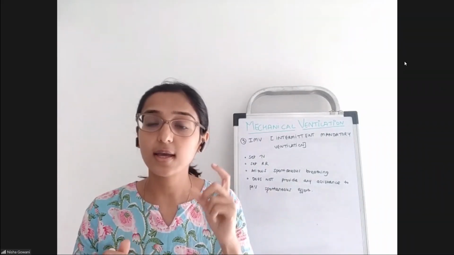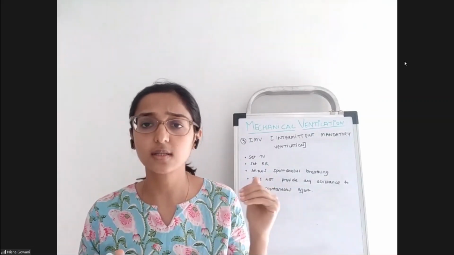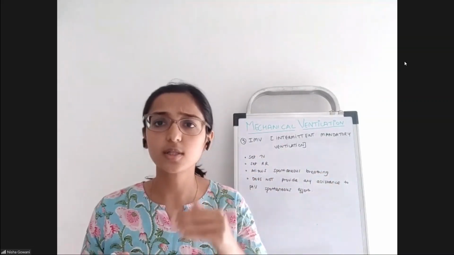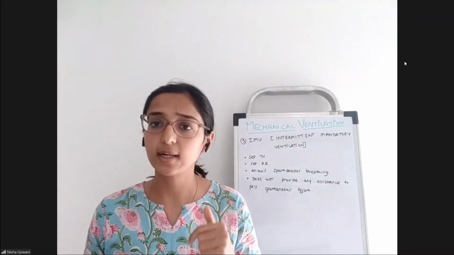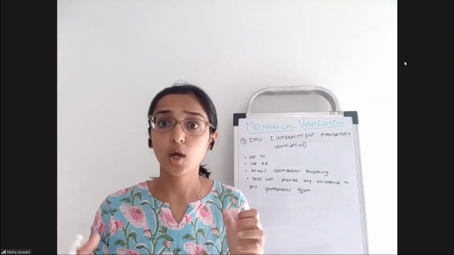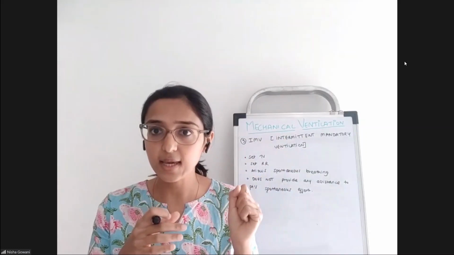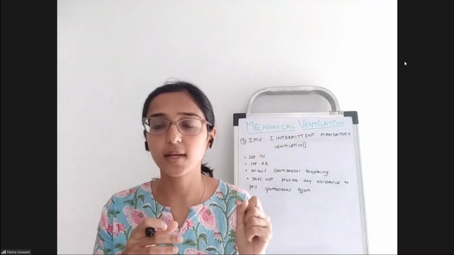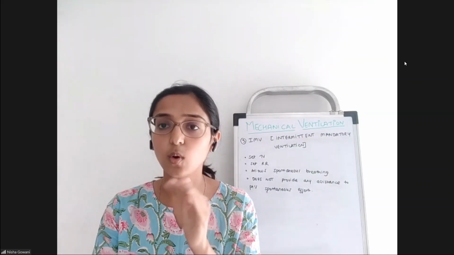Okay. In the assist control mode that we saw before, the patient is allowed to take breaths and the machine is supporting those breaths. So you might tell me, if I have set 10 breaths and the patient is taking more, a lot many breaths will go, right? You'll tell me that in the AC mode, ma'am, you set 10 breaths, but the patient is taking 12 himself. Would that mean that 22 breaths would go?